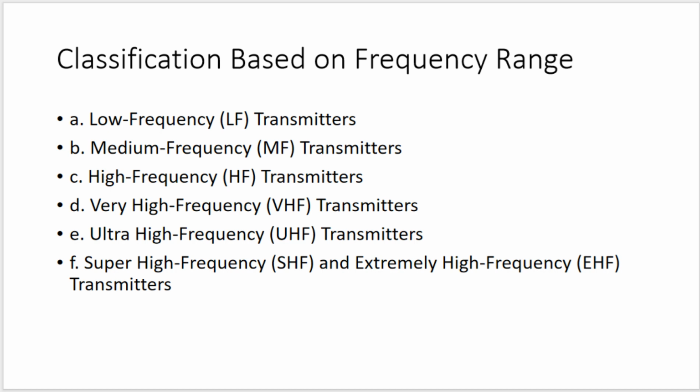And the super high frequency and extremely high frequency transmitters: the frequency range is from 3 gigahertz to 30 gigahertz for super high frequency, and 30 gigahertz to 300 gigahertz for extremely high frequency. They are used for satellite communication, microwave links, radar, and 5G mobile networks.